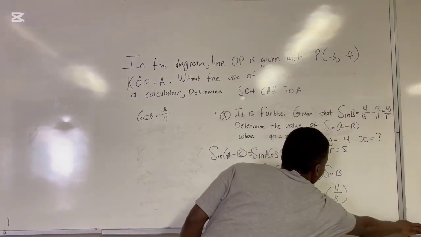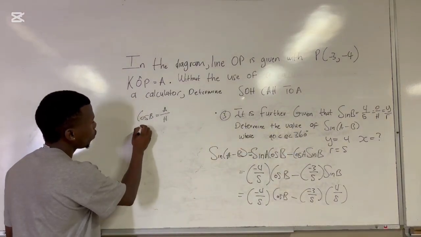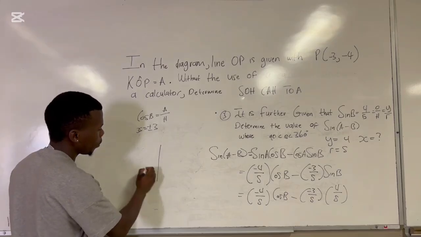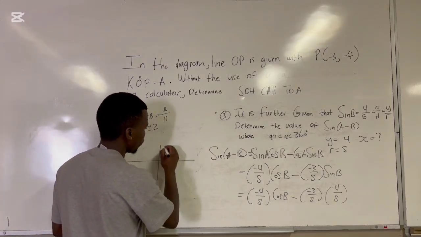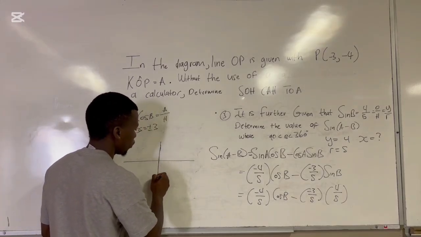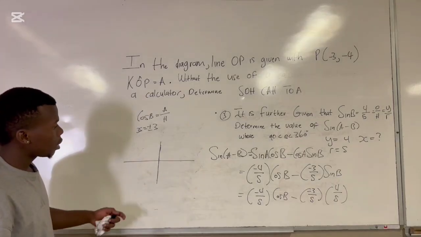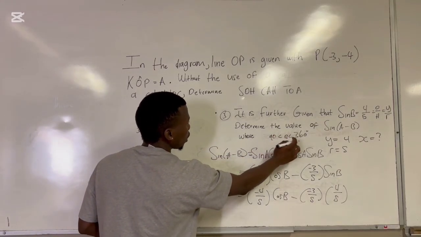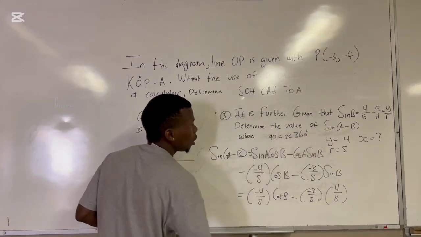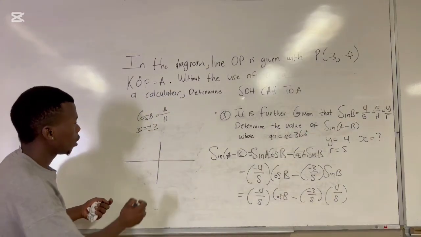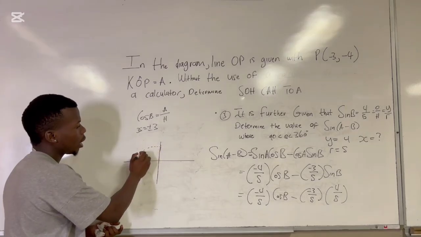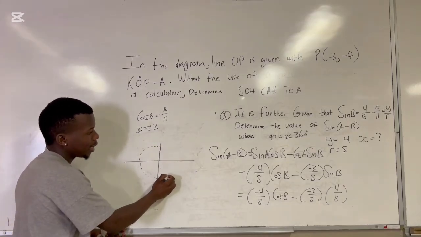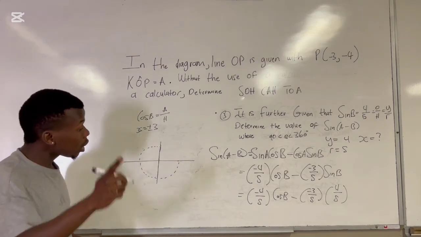Okay, we know that we got two values of x, positive or minus 3. Now let's draw a quick diagram here. Our angle beta lies between 90 degrees and 160 degrees. Remember, this will be 90 up until 160 degrees.